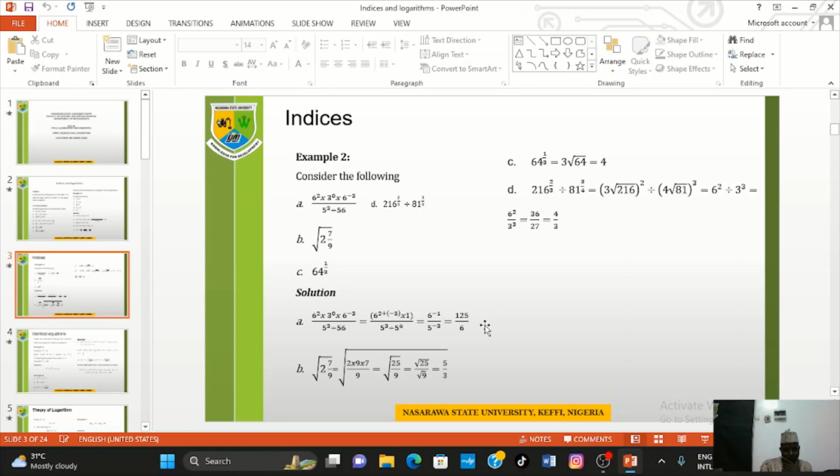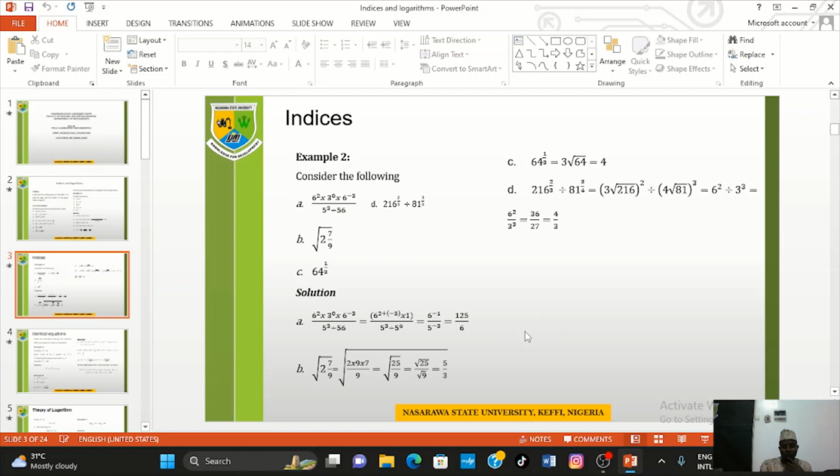Meaning 1 all over 6 to the power of 1 divided by 1 all over 5 raised to the power of minus 3. So as you can see, when you change the division sign to a multiplication sign, the first fraction will remain there.